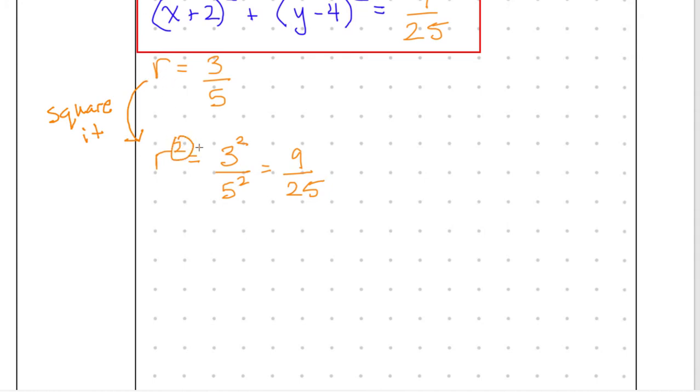So I'm getting 3 squared over 5 squared. Well, 3 squared is 9, 5 squared is 25. Our r squared value that we plug into our formula is 9 over 25. All right. Good question. Any other questions? No? All right, go ahead and write your summary.